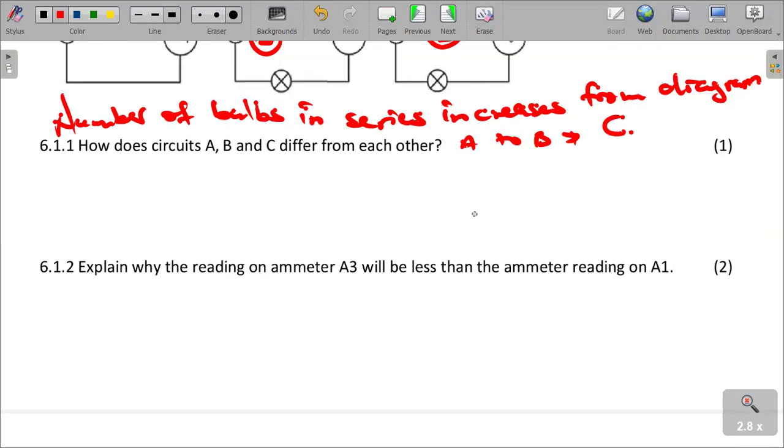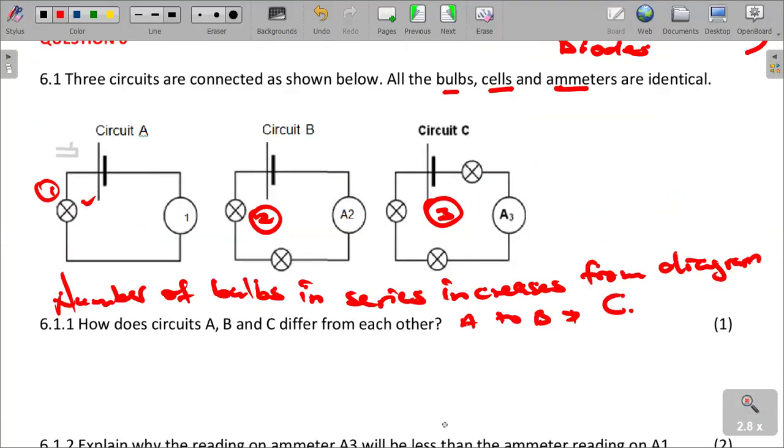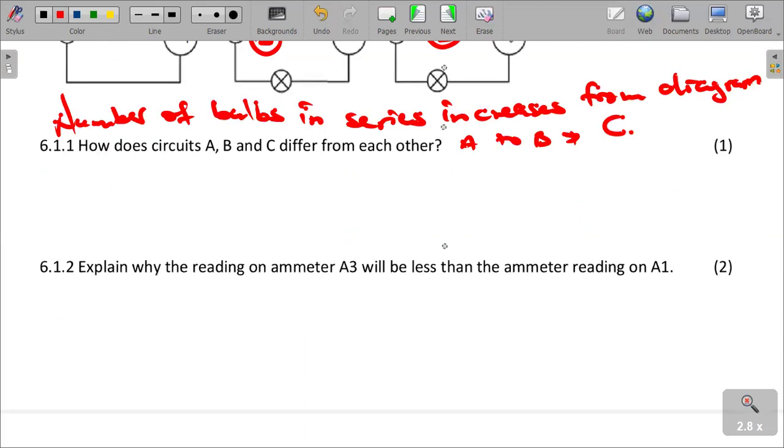And then the question is saying 6.2, explain why the reading on ammeter 3 will be less than the ammeter reading on ammeter 1.